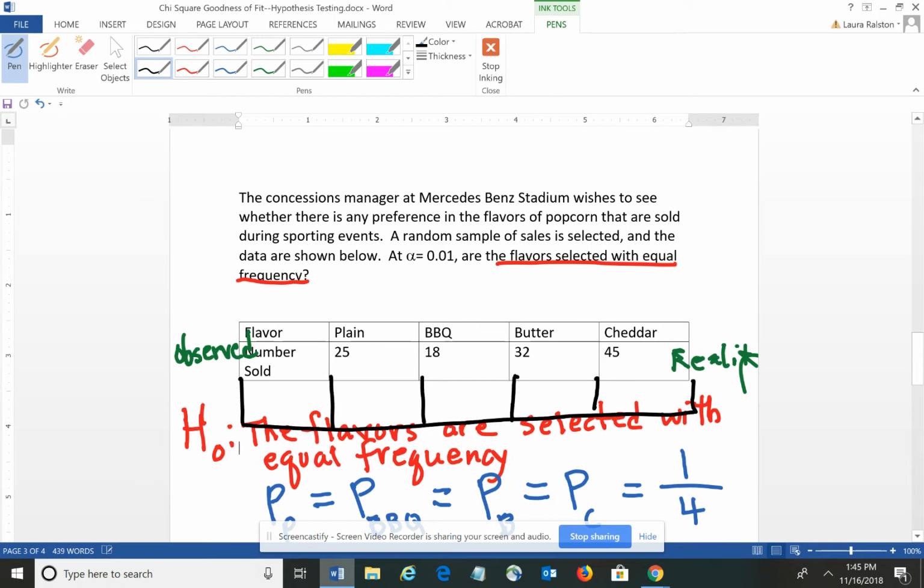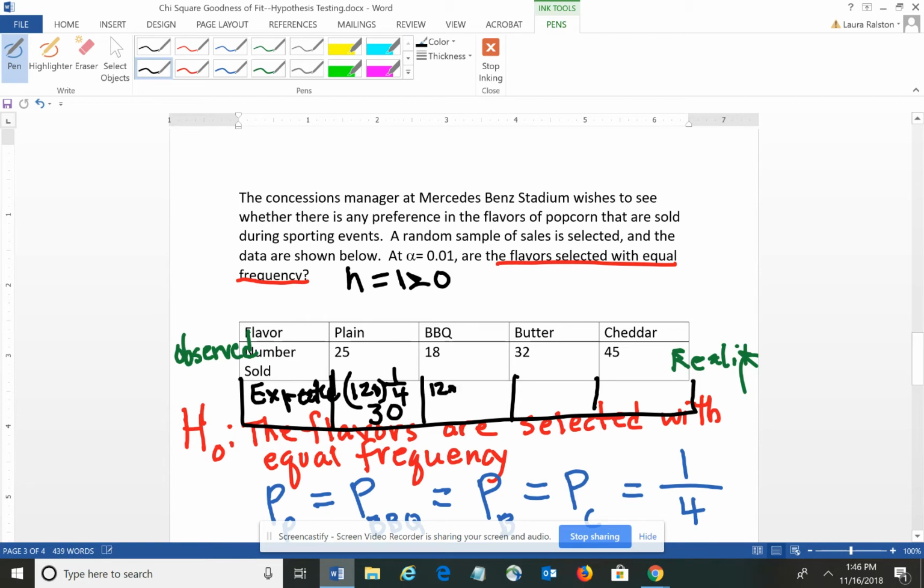Now, we don't really know how many were in the sample. I'm not sure it told us. It just says a random sample of sales. So we can figure out what the total was. We had 25 plus 18 plus 32 plus 45. So my sample size here is 120. So I would have 120 in my sample, a 1 in 4 chance they choose plain, so that would be 30.